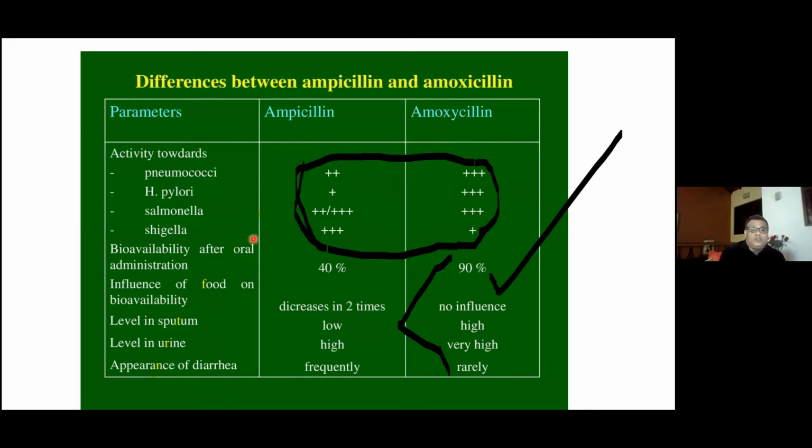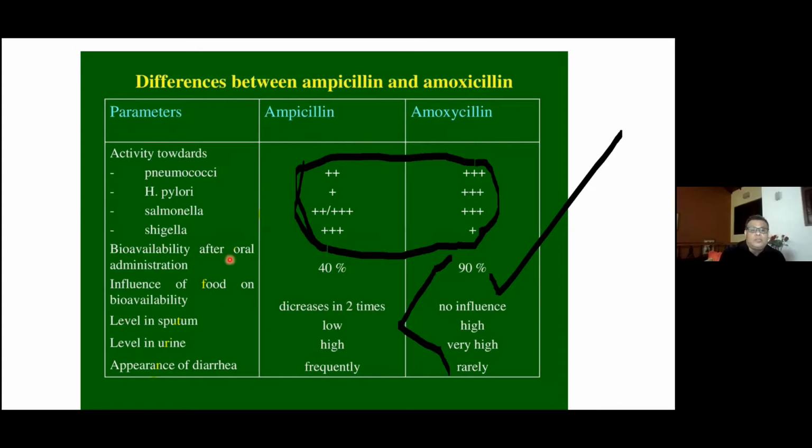The presence of food in the stomach affects absorption of ampicillin. The presence of food in the stomach does not affect absorption of amoxicillin. And the level in tissue, as I told you earlier, with amoxicillin is very high, with ampicillin it is less. Another thing is the side effects are also considered less with amoxicillin.